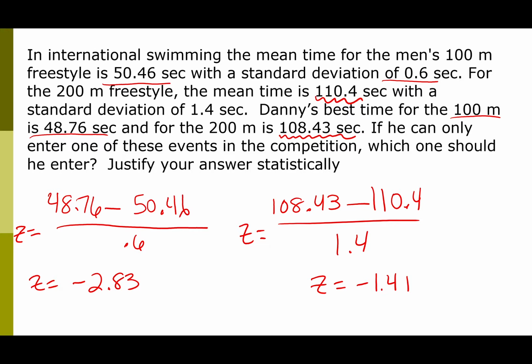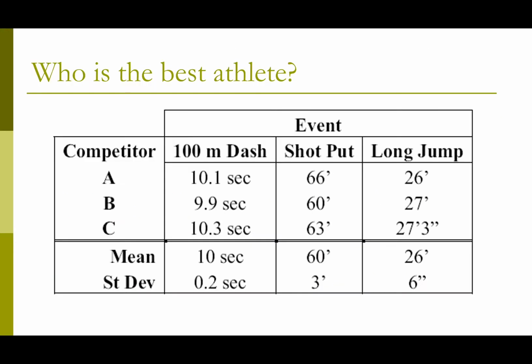So he definitely wants to go with the 100-meter. Now I want you to try using a similar approach with this table on your paper and justify to me which competitor is a better competitor using the idea of z-scores.